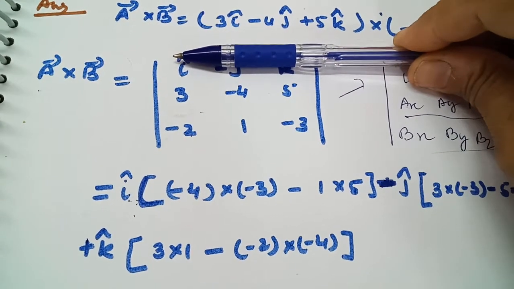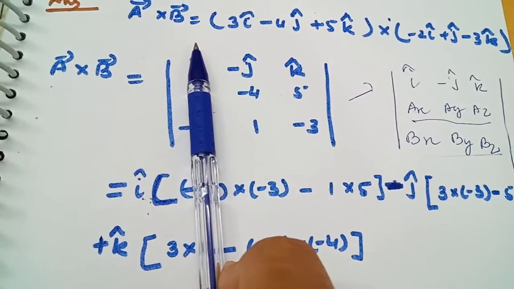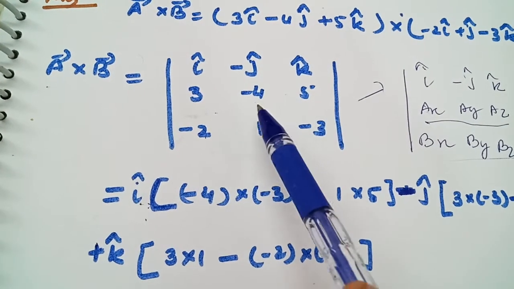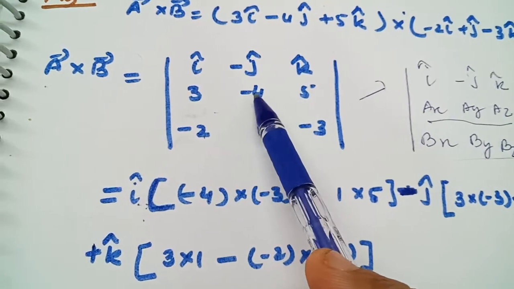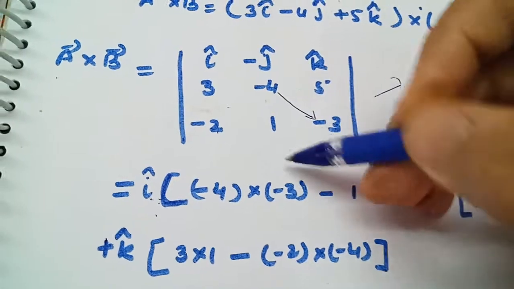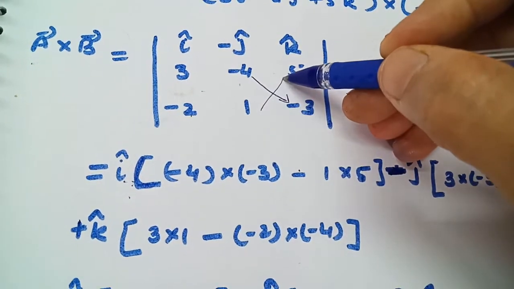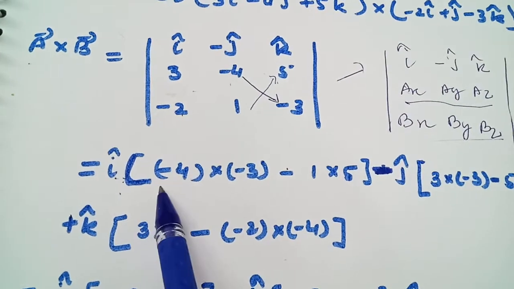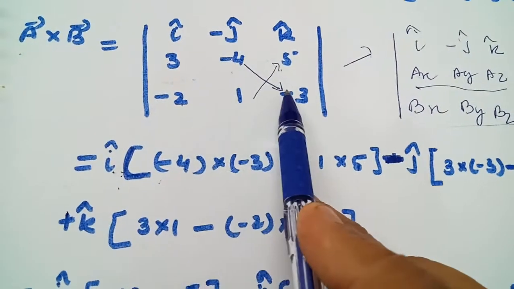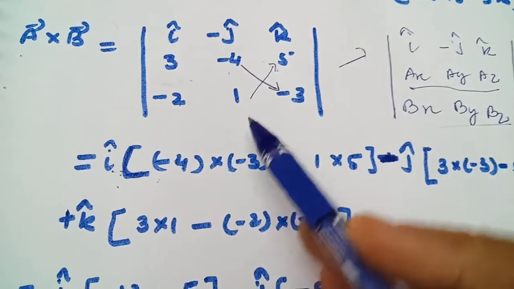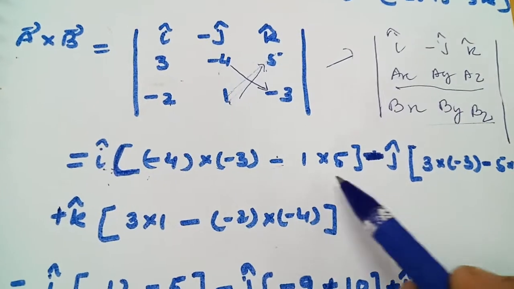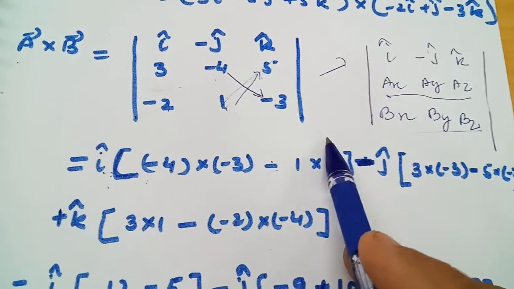Then you take the product of j and k: minus 4 multiplied by minus 3, then the minus sign is applied and the product of 1 and 5. So you have got this.